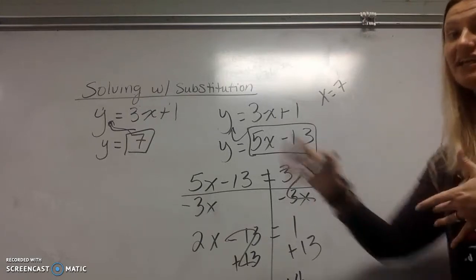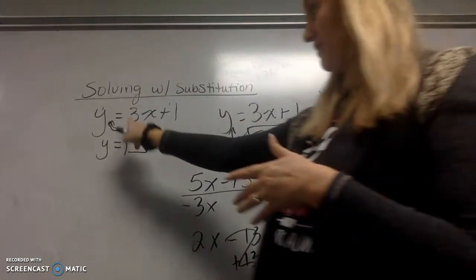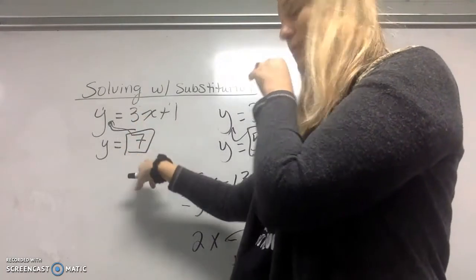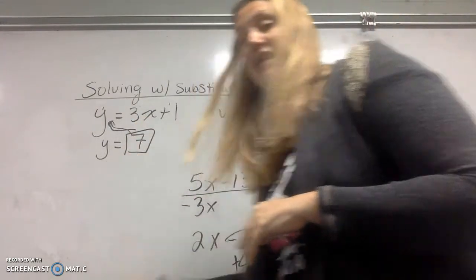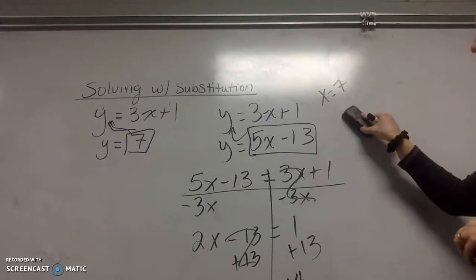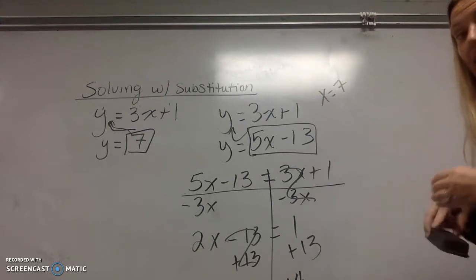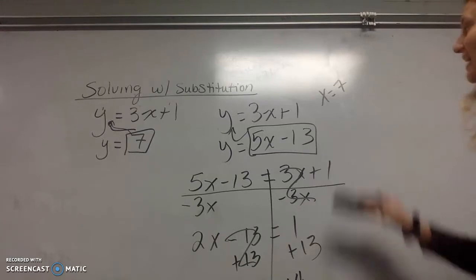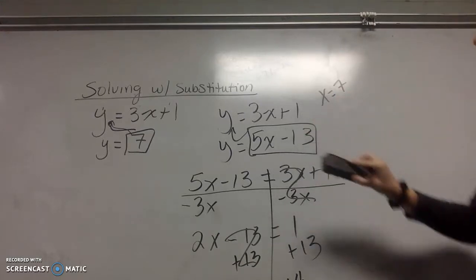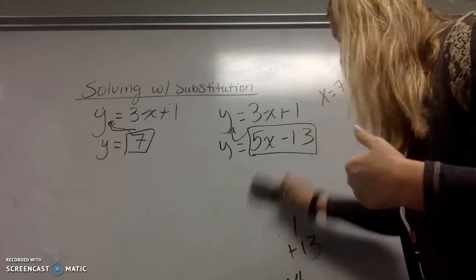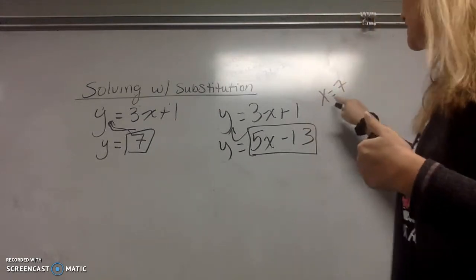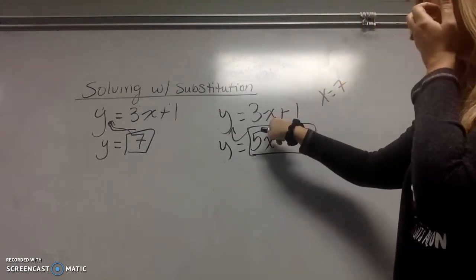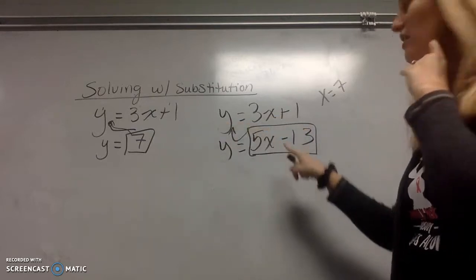Now, we're not done like we were over there. Over there, we found that x was equal to 2, but we already knew what y was. Here, we do not know what y is. We need both x and y. We only have x. So now that I've solved for x, I'm going to substitute that 7 in to find y. So since I know what x is, I can substitute 7 in for x here to find y, or here.